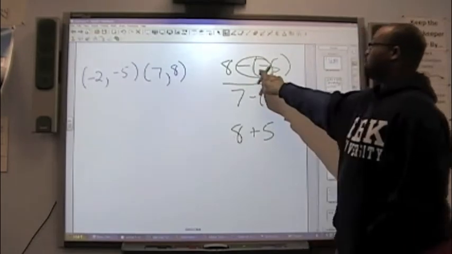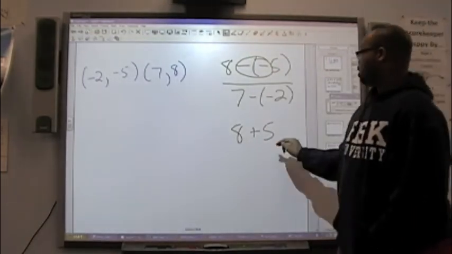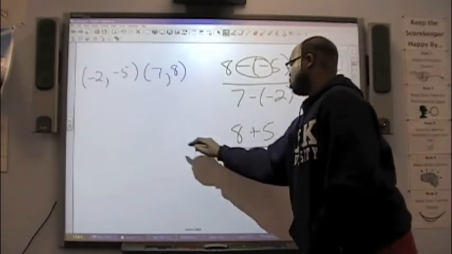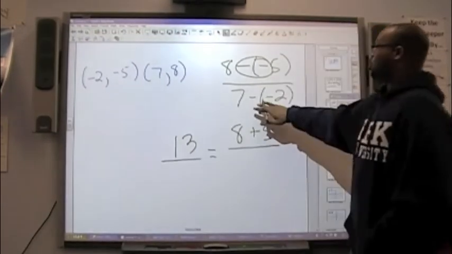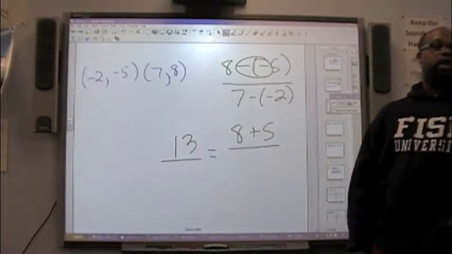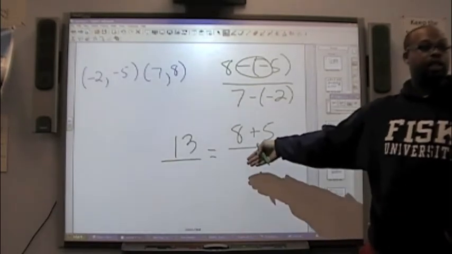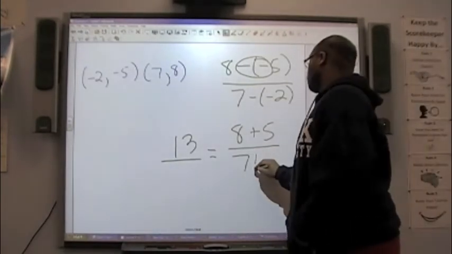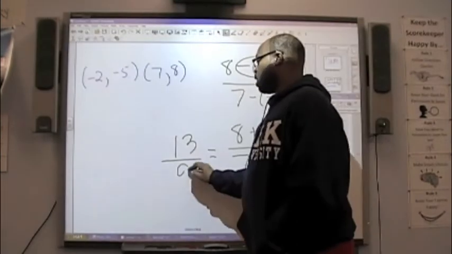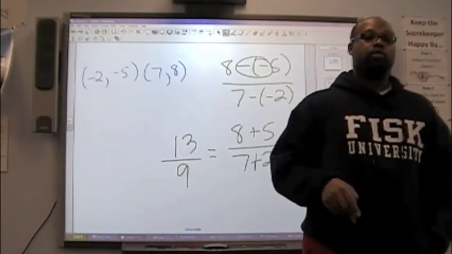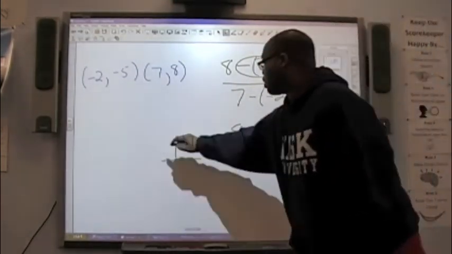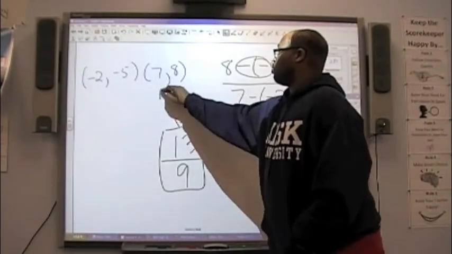We're doing the opposite of whatever this sign is, and that's addition. 13, you're correct. Then 7 minus a -2, instead of 7 minus a -2, we rewrite that as 7 plus 2, and that's going to be 9. Can these numbers be reduced in any way? No. So that's our slope right there, the slope of that line.